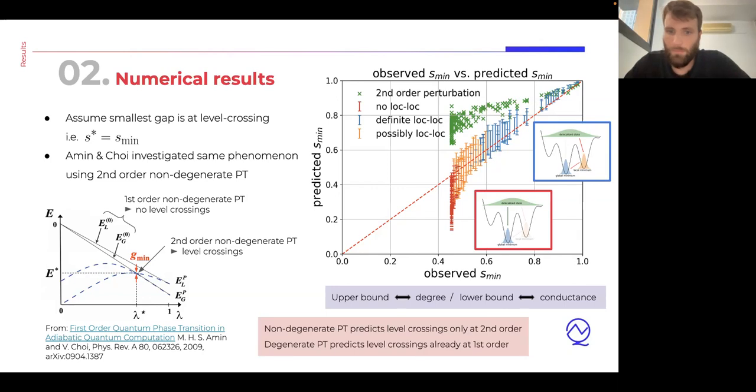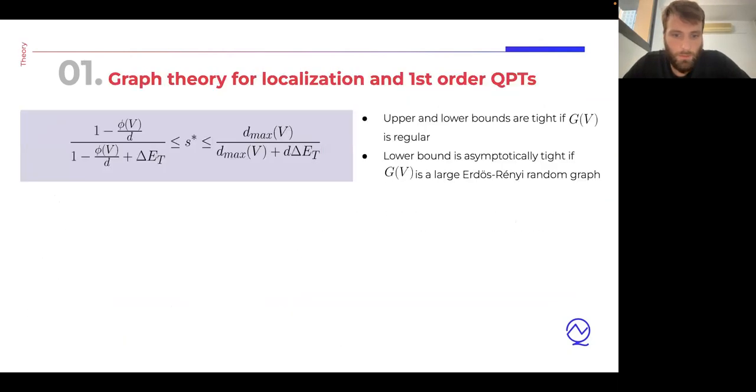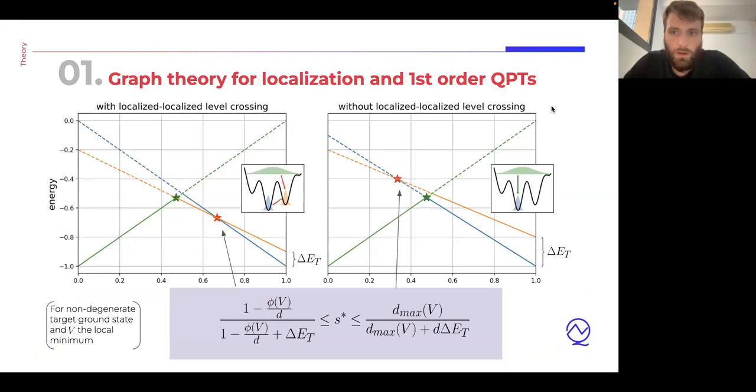They correspond to scenarios where the gap of the target Hamiltonian is relatively large, then this red star moves closer to the green line over here. So basically the localized transition moves further to the center.